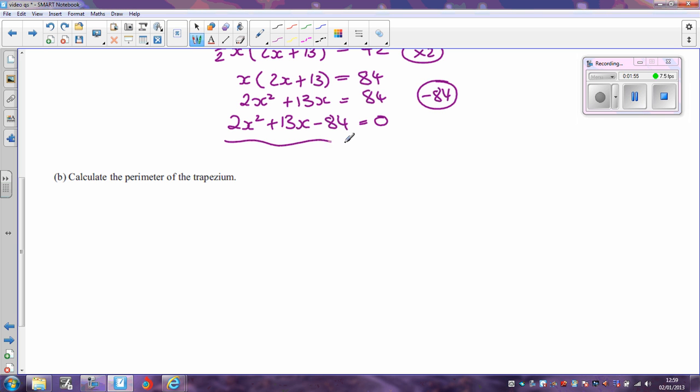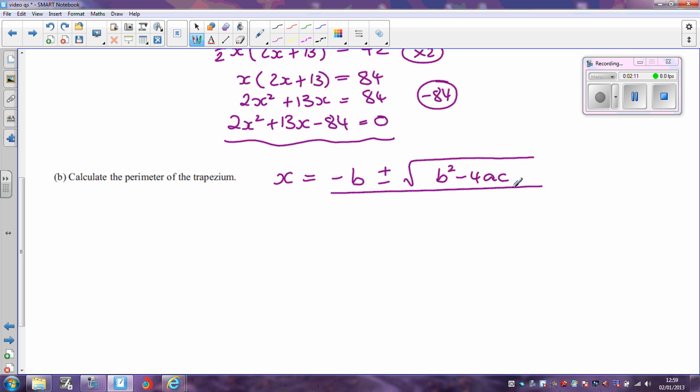Right, now we need to solve the quadratic equation to find x and then the perimeter of the trapezium. It doesn't look very nice to factorise, so I'm going to use the quadratic formula given in the front of the exam paper. x equals minus b plus or minus the square root of b squared minus 4ac, all divided by 2a. And in this case, I can see that a is 2 from this equation, b is 13, and c is minus 84.